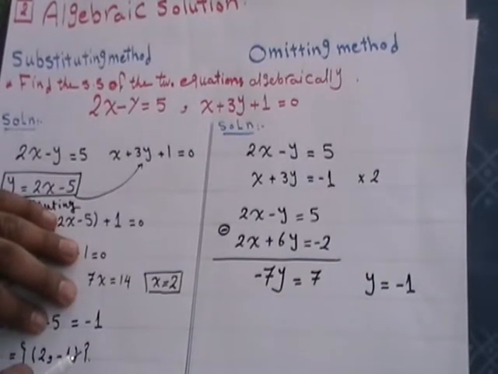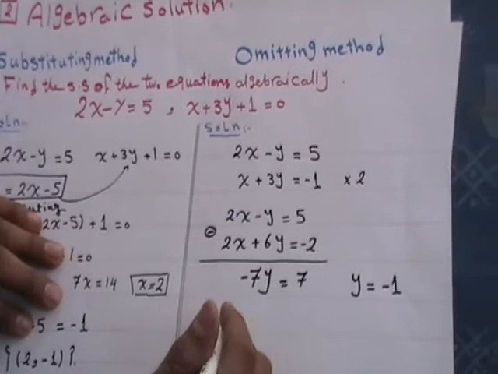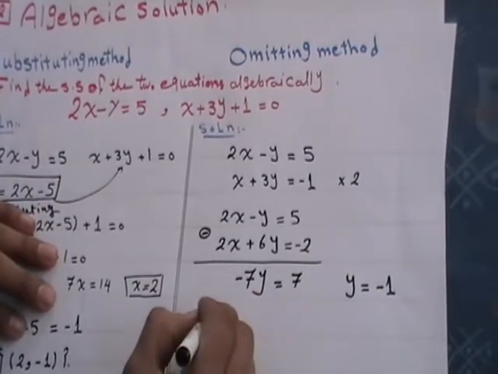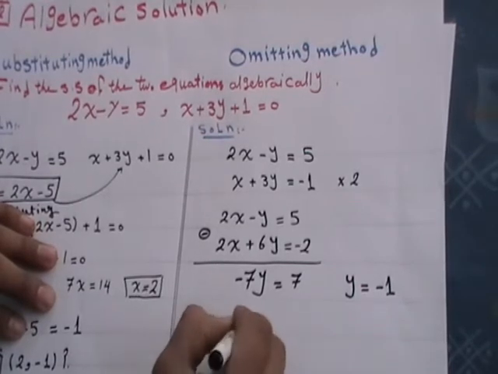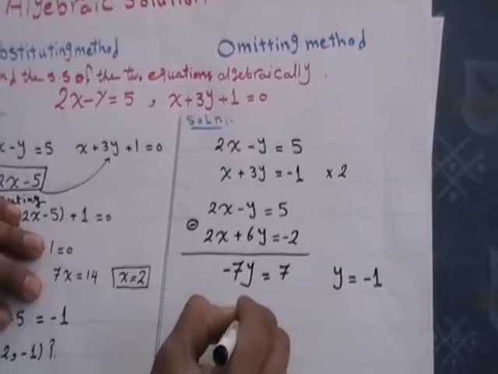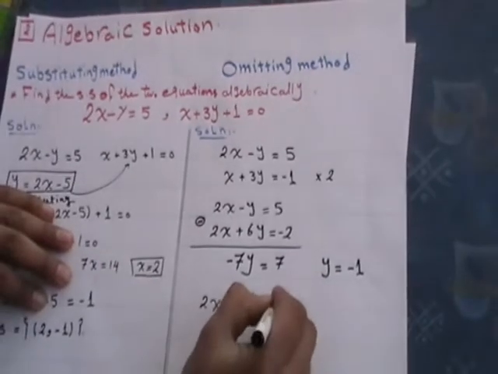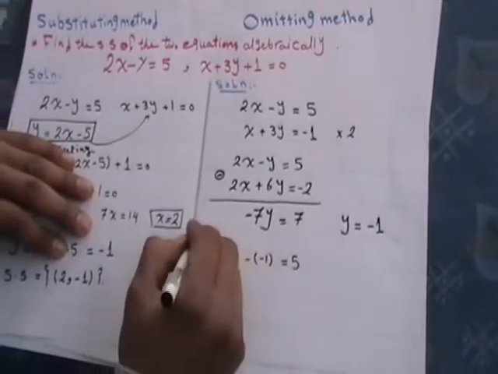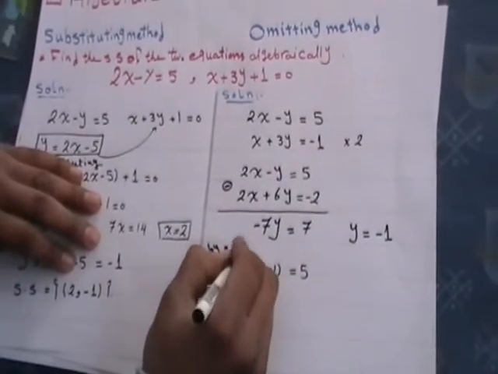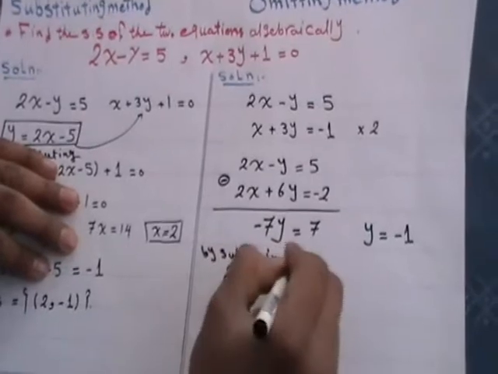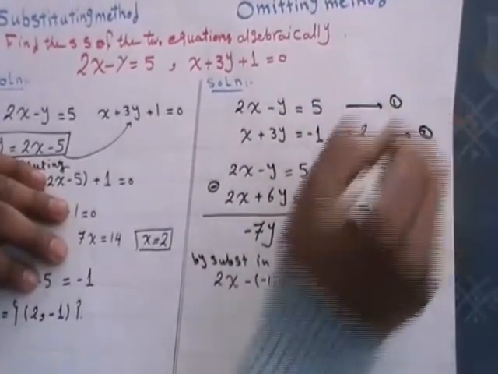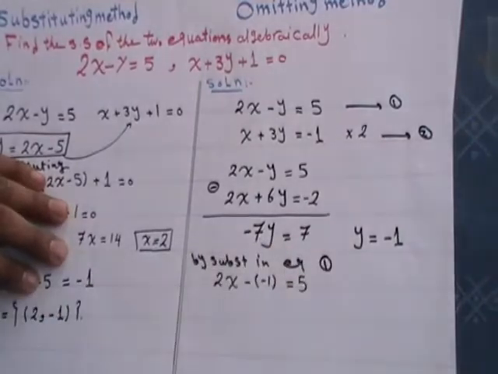If you have y equals negative 1, substitute in any one of the two equations and you will get the value of x. And you must write what you will do. So you must write: by substituting in equation 1.